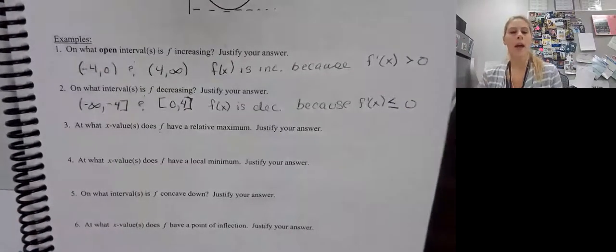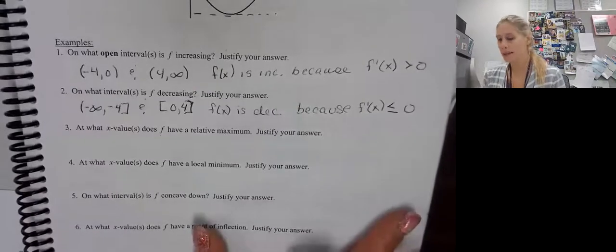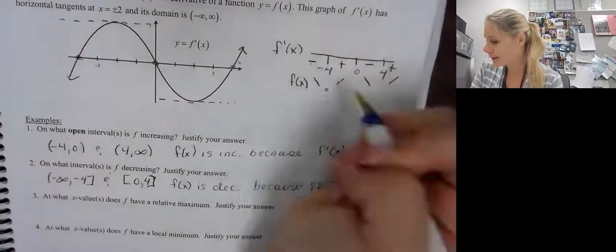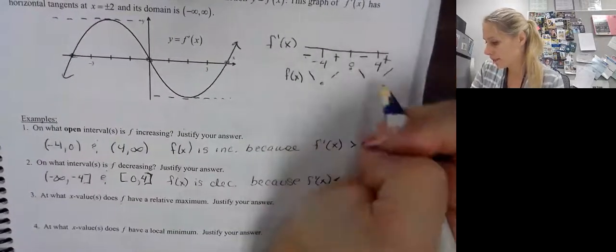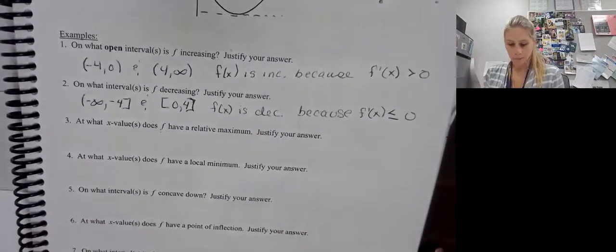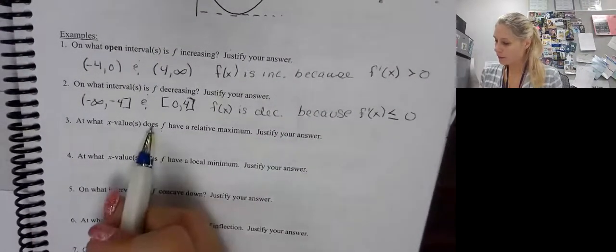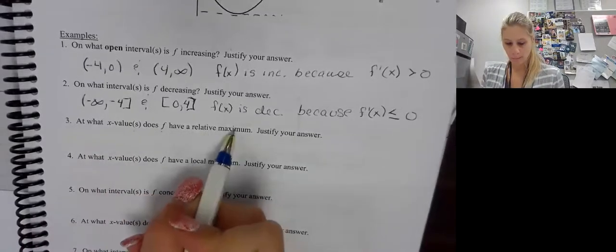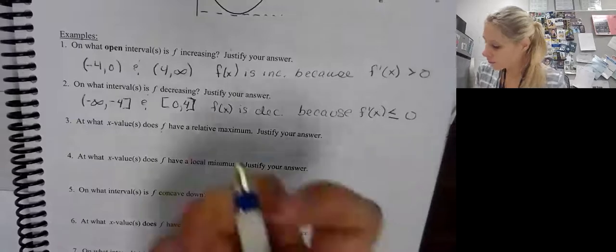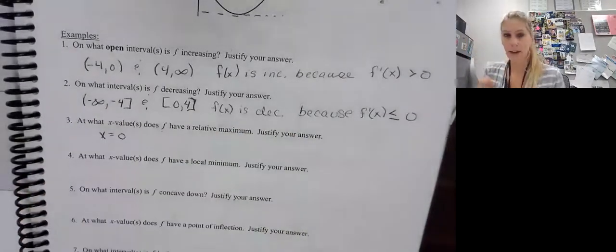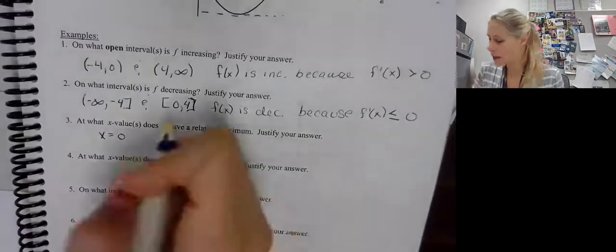All right. At which values is there a relative maximum? Well, let's go back up to our sign ray. Right here we have it, a min, a max, and a min. So at what x values does f have a relative minimum? Well, it has a minimum at x equals 0. Okay, that's our answer, but what's our justification?